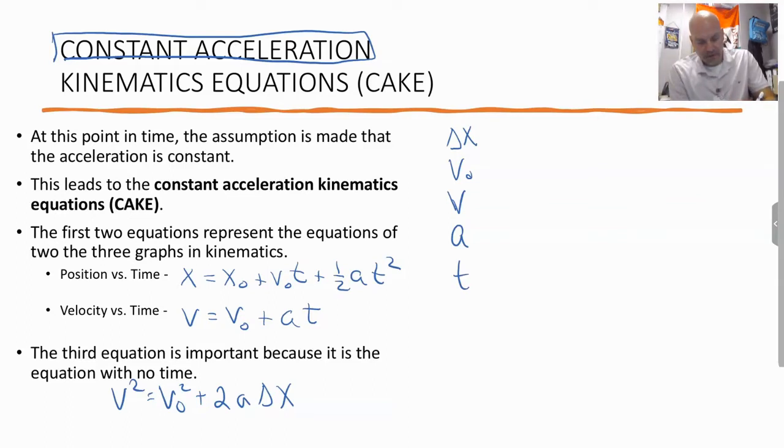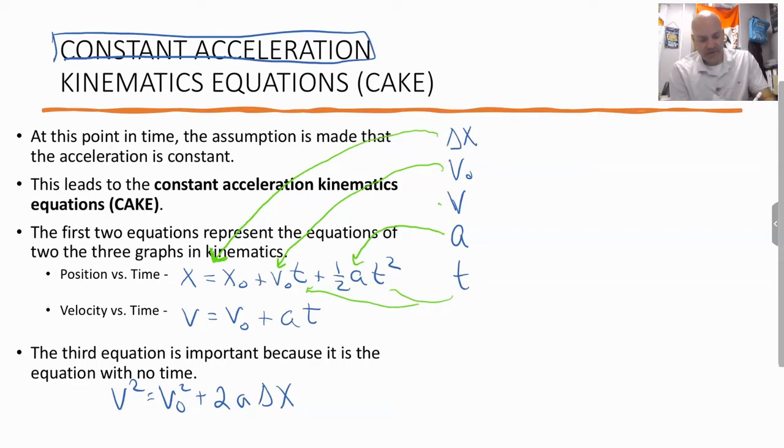For example, if we look at the quadratic, x equals x0 plus v0 t plus 1/2 a t squared, that combination of x minus x0 is delta x. Well, there's our v0, there's a, and you see t pops up twice. The thing this one is missing is our final velocity.